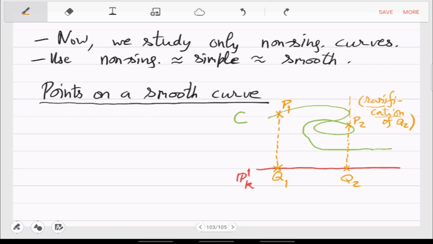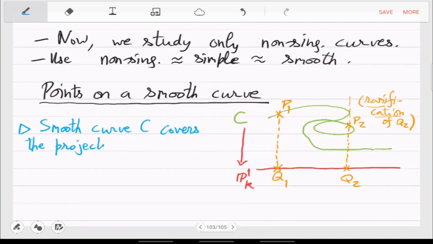And so this thing is called a cover, if K is algebraically closed. So let us see a proof sketch of this.